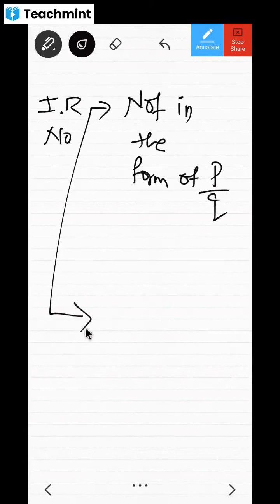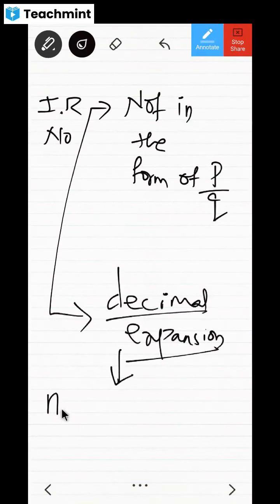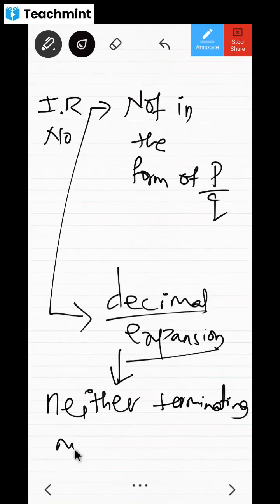Another is whatever decimal expansion is there, it is neither terminating nor repeating. That means it is not getting terminated, not getting repeated either. So neither terminating nor repeating. Did you understand this?